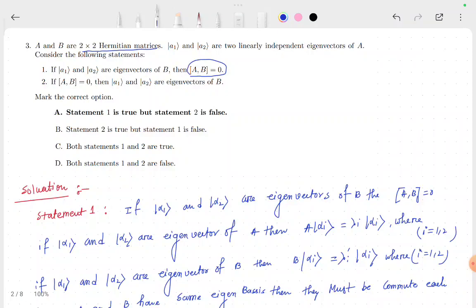And the second statement is, if A and B commute with each other, then A1 ket and A2 ket are eigenvectors of B.